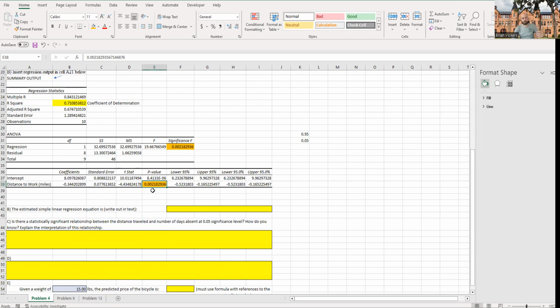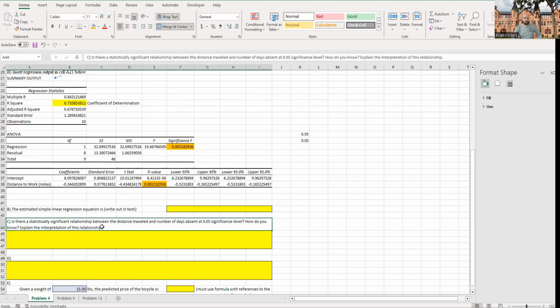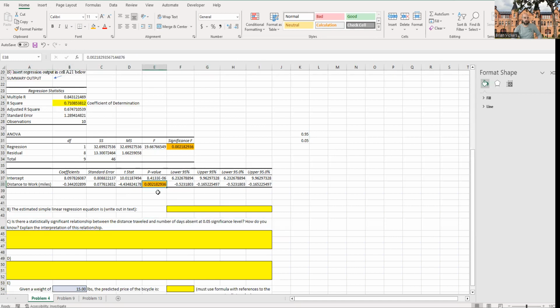And if this is above 5%, then you can accept that null hypothesis and say, nope, it doesn't have any statistical effect on it. But if this is below 5%, then you reject the null and accept your alternative hypothesis, that it does have an effect on it, and you proceed, right? So this is less than 5%, it's less than 0.05. And so we could say, is there a statistically significant relationship between these tested at the 5% significance level? Yes, there is, because this is under 0.05. It's under that 5% level.